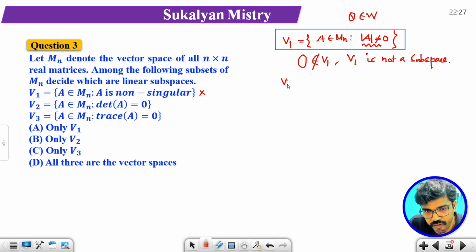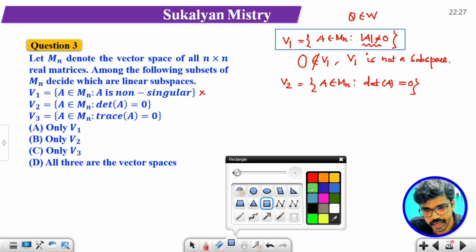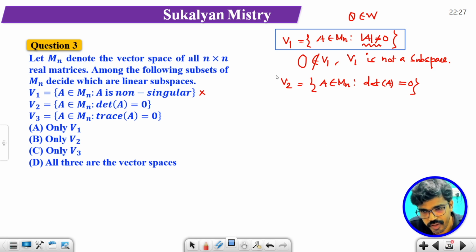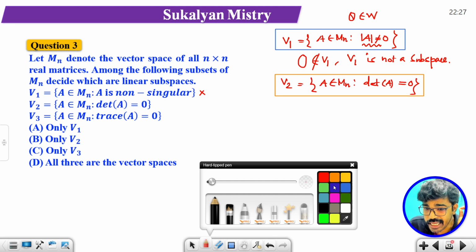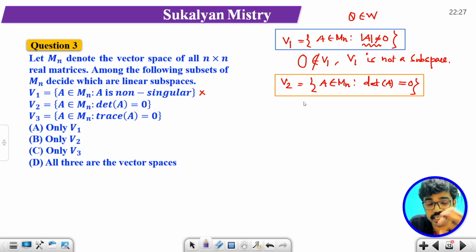Next, v2. What is v2? Here v2 is given that A is an n cross n matrix such that determinant A is equal to 0. Okay, so the elements of this vector space are matrices, right? Then I consider two matrices.